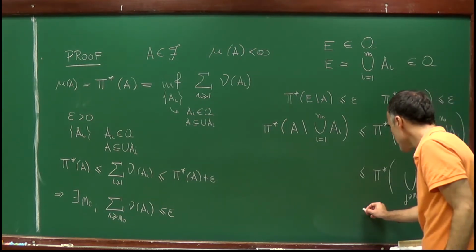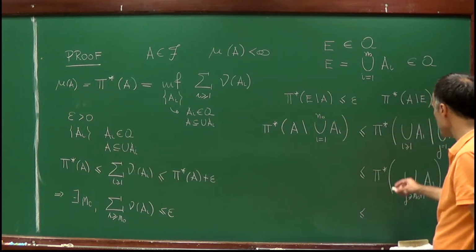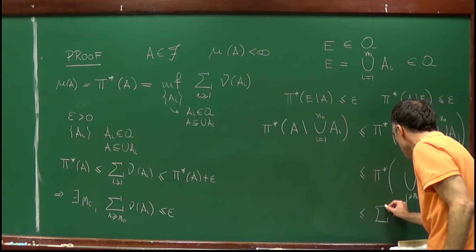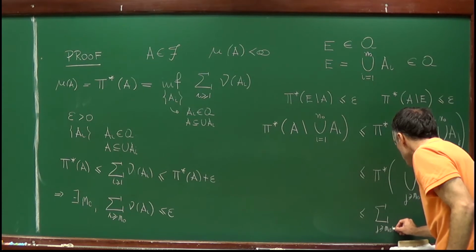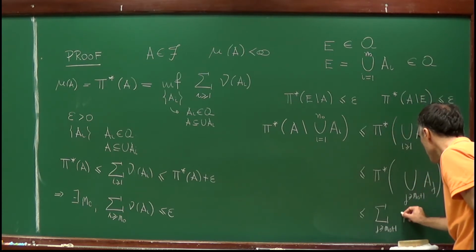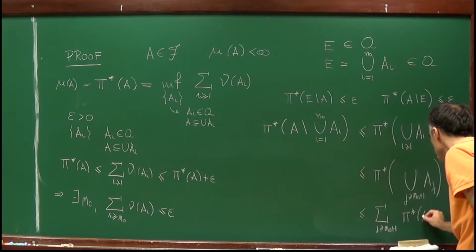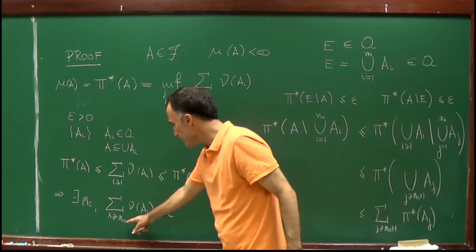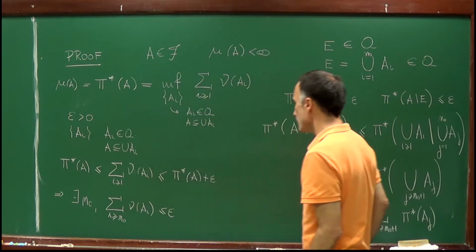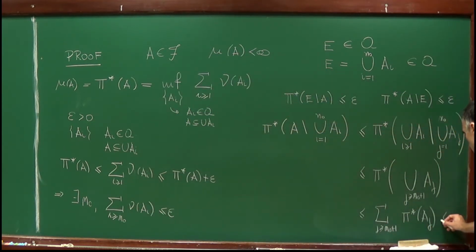And again by subadditivity, the measure of this set is less than or equal to the sum for J greater or equal to n0 plus 1 of P star of AJ. And again, by our choice of n0, this sum is less than or equal to epsilon, which proves the second inequality. And this concludes the proof of the theorem.